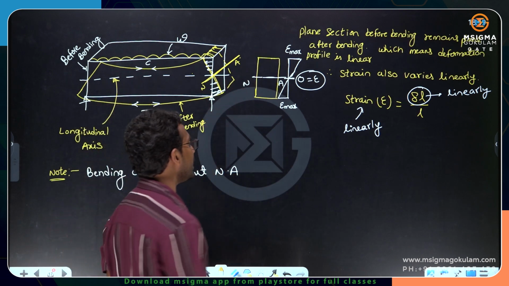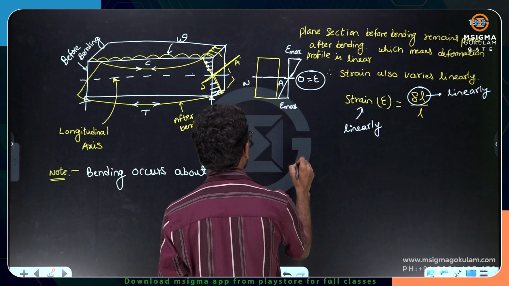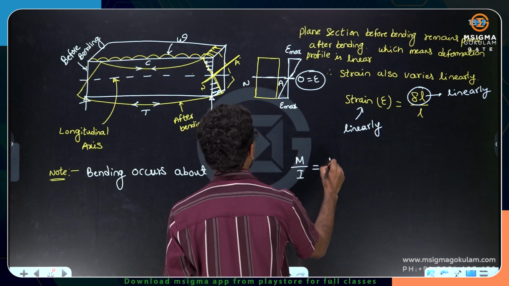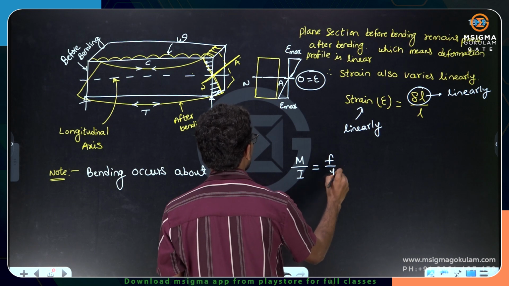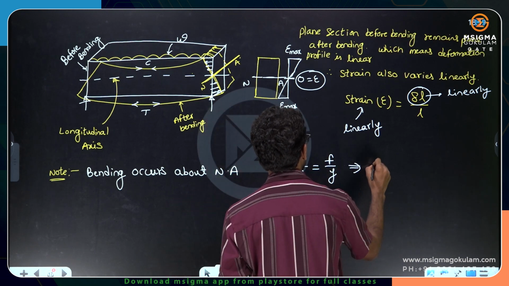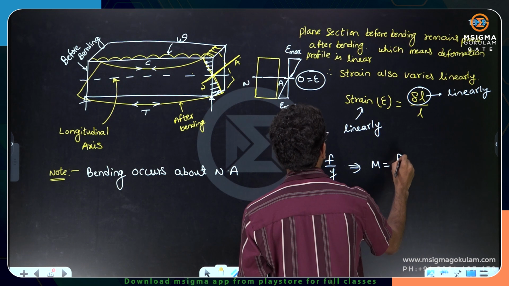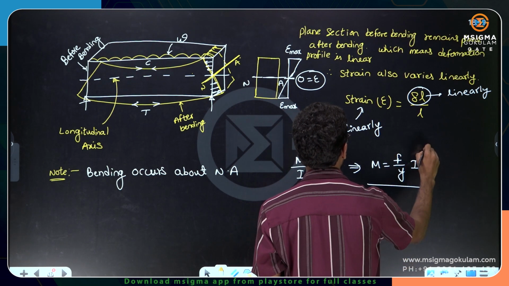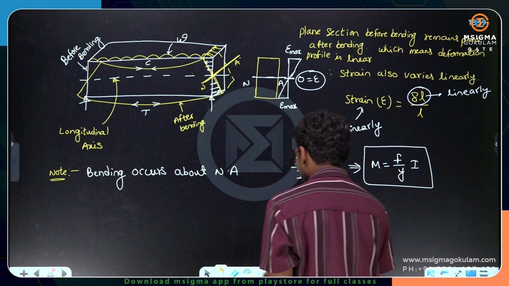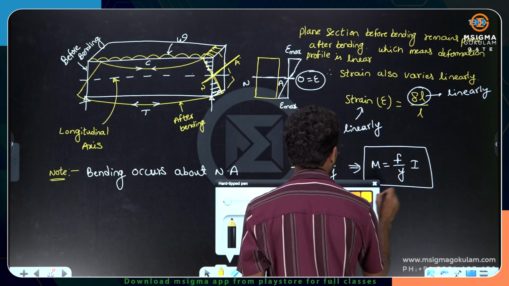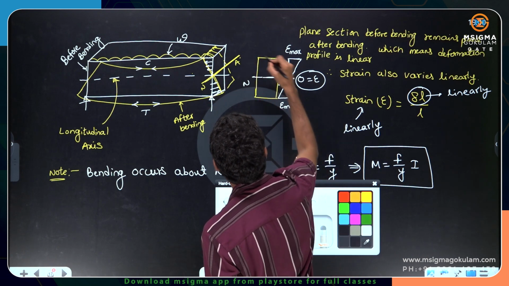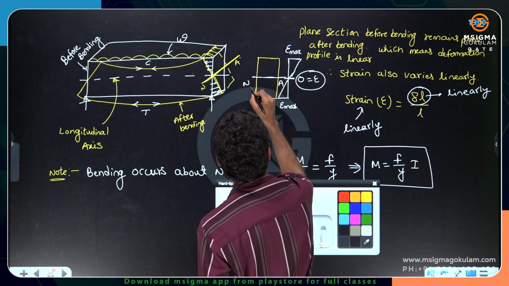In the bending equation, we have M by I is equal to sigma by y or f by y. In this, essentially I am going to use M is equal to f by y into I. This I must be about the neutral axis. The neutral axis is the horizontal axis, which I call ZZ.